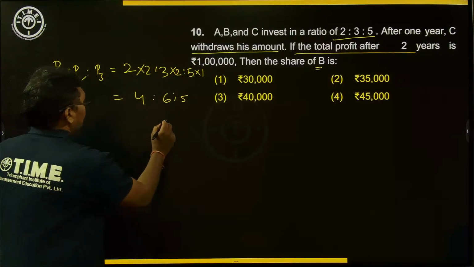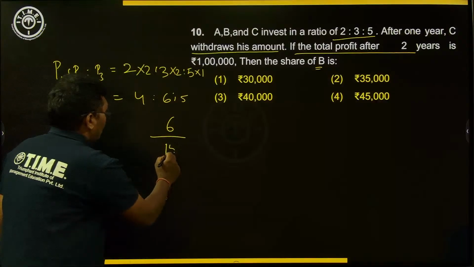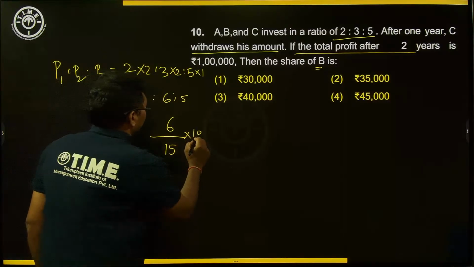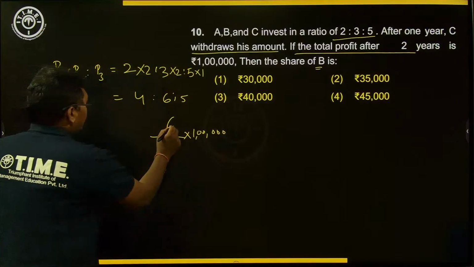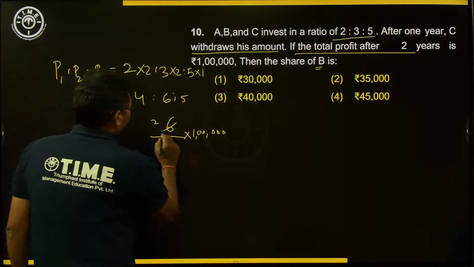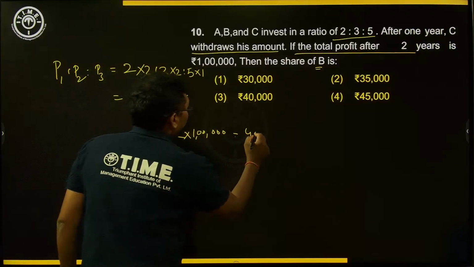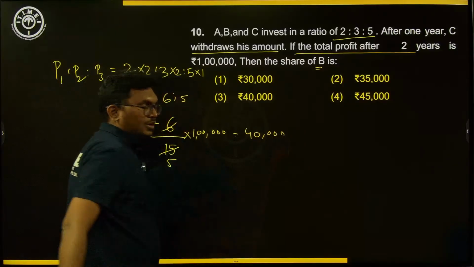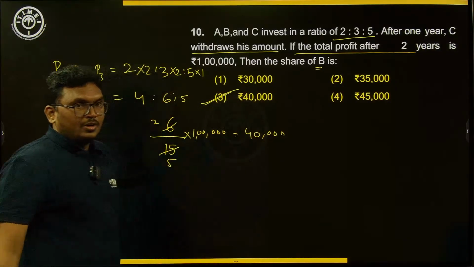That means 6 by 15 into 1 lakh, right? So this is 3 2 times, 3 5 times, so this is 20, 5 4 times, 40,000, right? So choice C, choice 3, right?